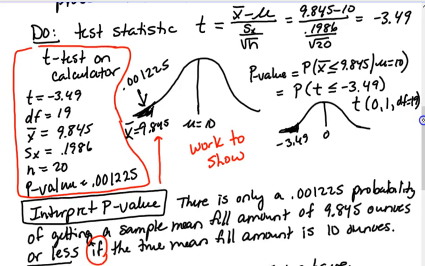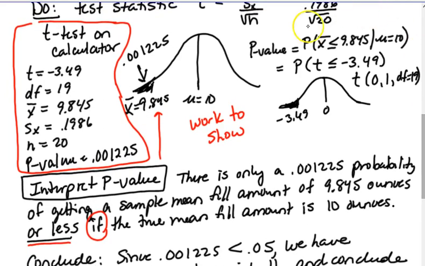Now let's interpret the p-value in words. There is only a 0.001225 probability of getting a sample mean fill amount of 9.845 ounces or less if the true mean fill amount is 10 ounces. So there is a conditional probability you have to have, if the null hypothesis is true here.